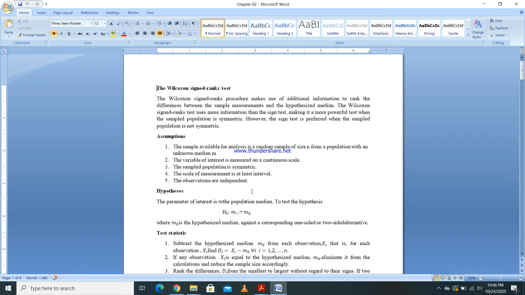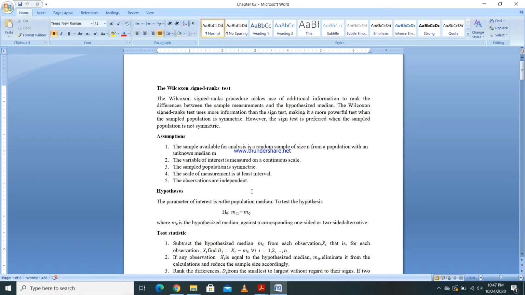When it comes to the assumptions, it's the same as the sign test. We have some very basic assumptions for the Wilcoxon signed rank test as well. One assumption is that the sample available for the analysis is a random sample from a population with unknown median value. The variable of interest is measured on a continuous scale, same as for the sign test.